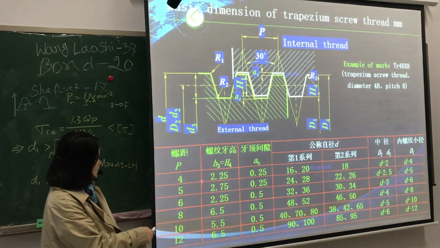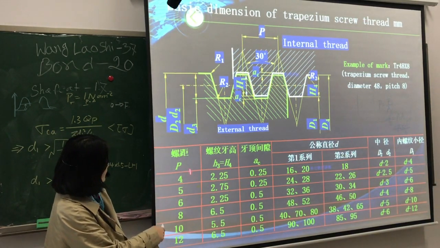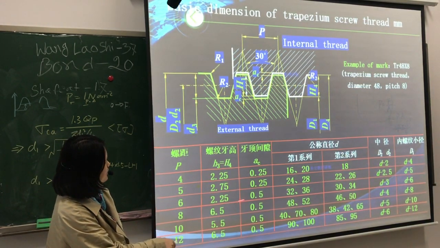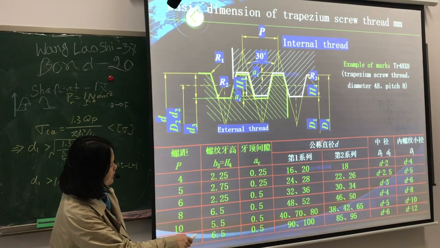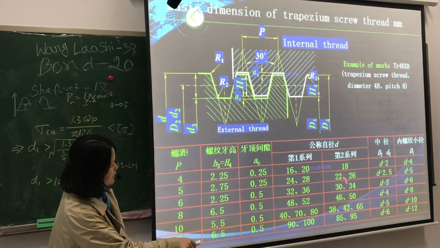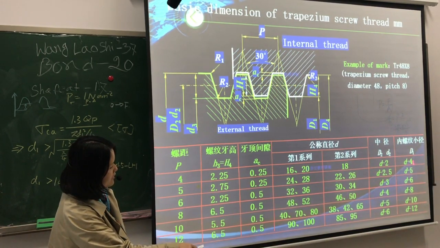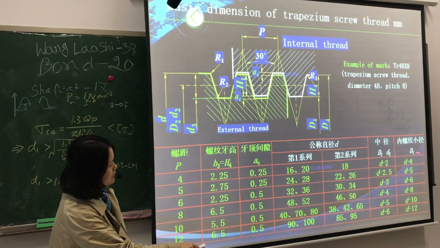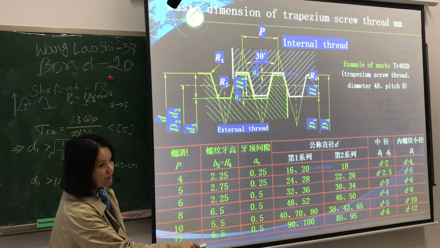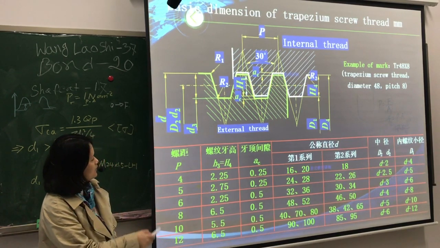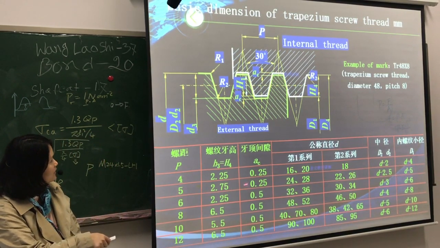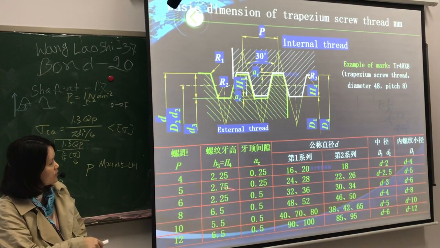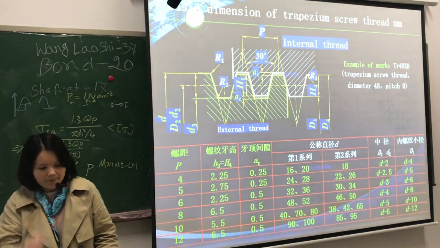We can also know the pitch, the major diameter, the pitch diameter and the minor diameter. Okay, these are all standard screw threads.